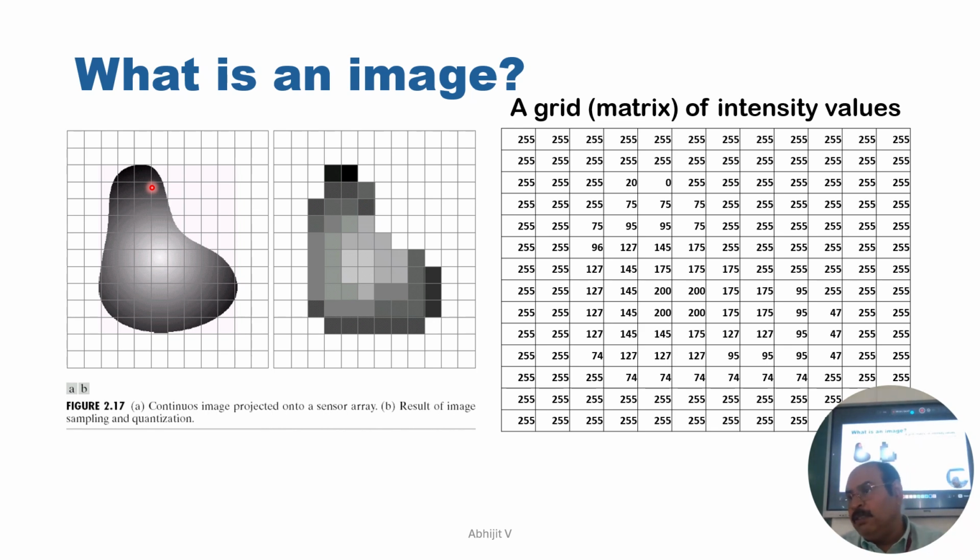All the others remain white. Pure white stands for 255. So from 0 to 255, we scaled this image, and every pixel point in the image is given an intensity value, and based on this intensity value, a grid or a matrix is constructed out of an image. Is that clear?